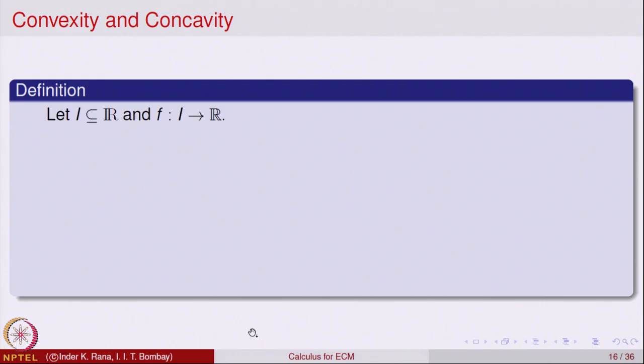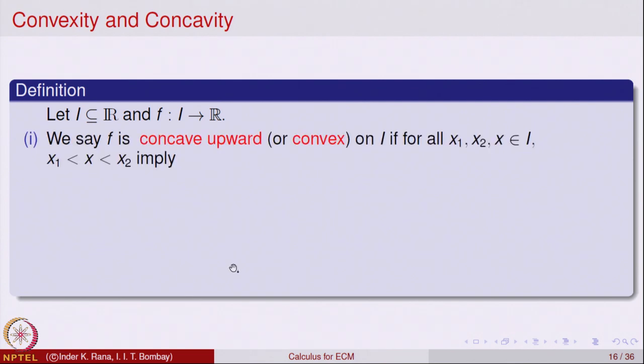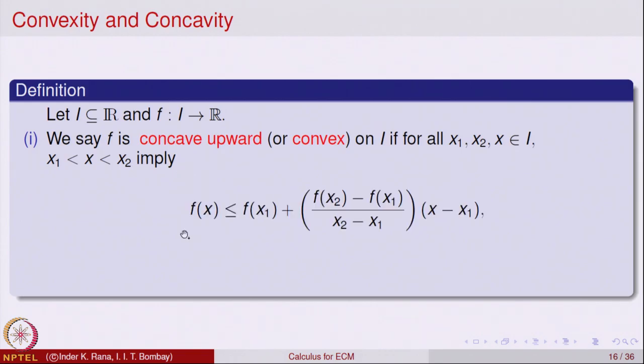So, let us put a definition. Let f be a function defined on an interval I taking values in R, the real numbers. We say f is concave upwards, or it is also called convex, if for any 2 points x 1 and x 2 lying on the interval and a point x in between, what should happen?